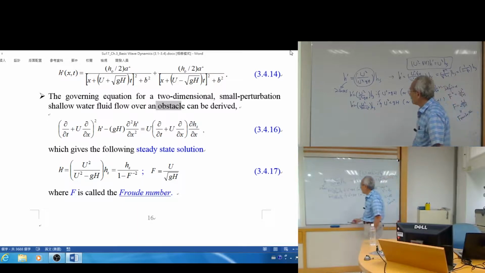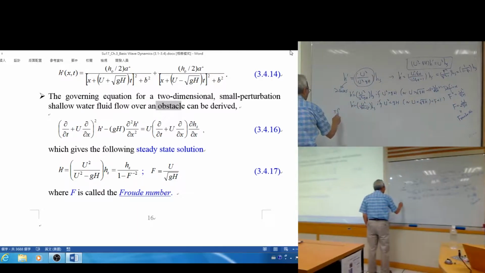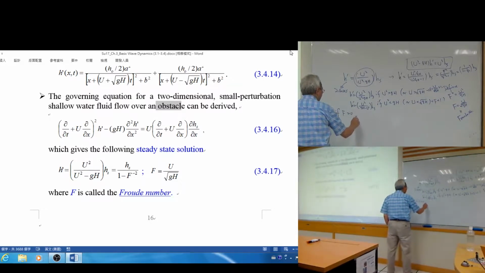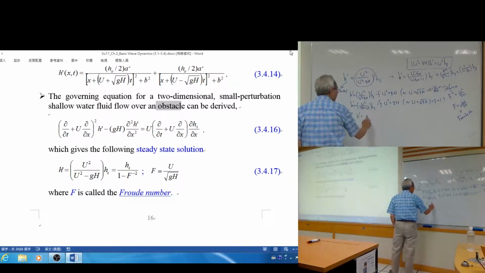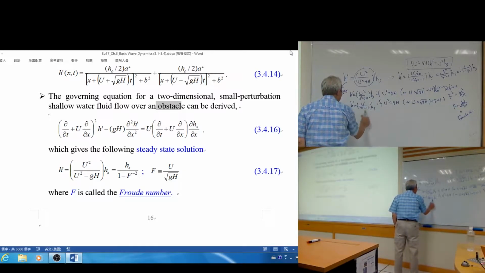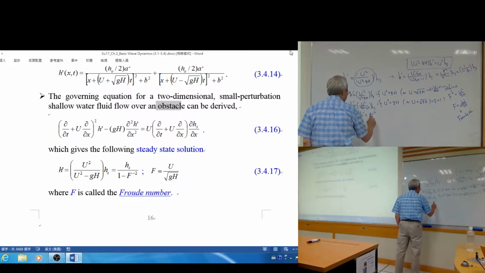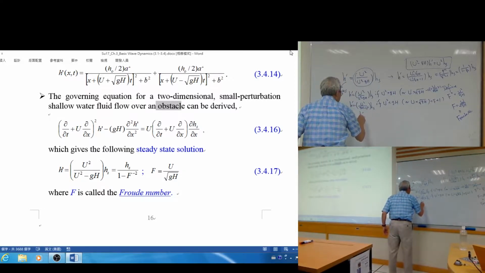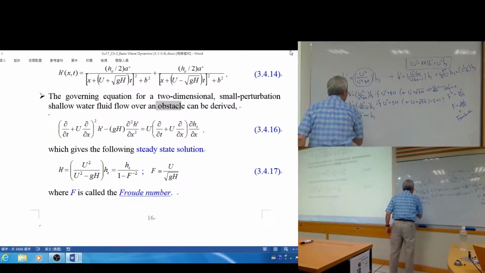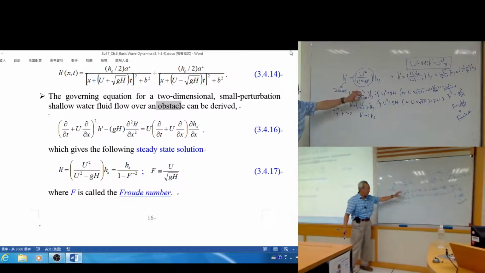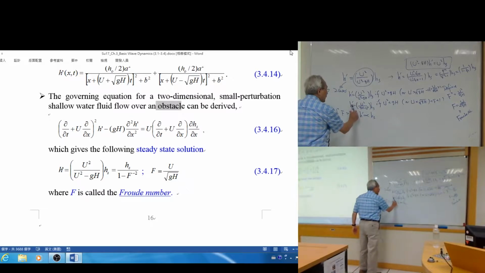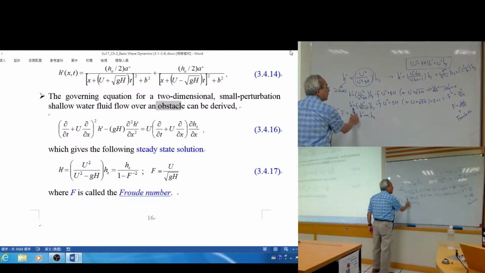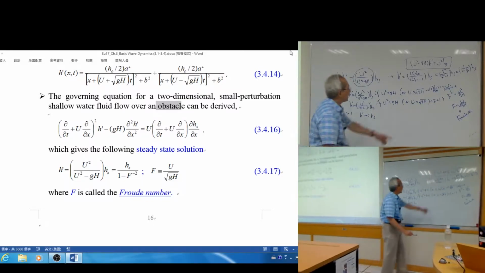Okay. So for short, if the Froude number is greater than 1, then we have h prime simply proportional to h sub s, because the coefficient is positive, F greater than 1.